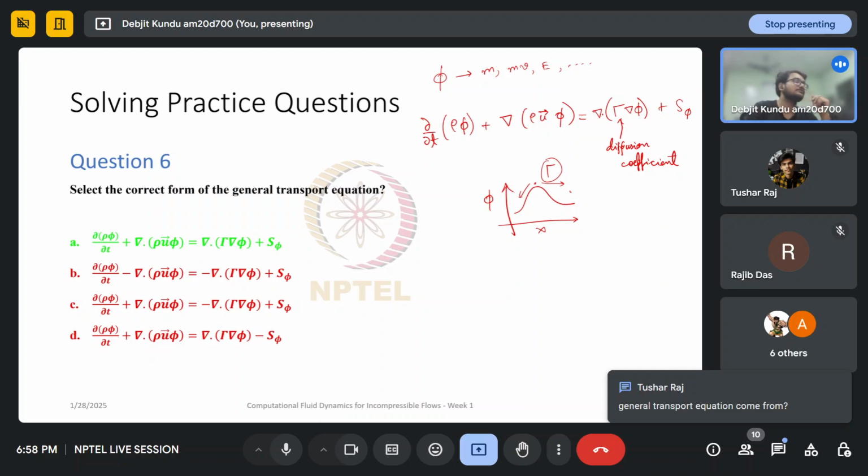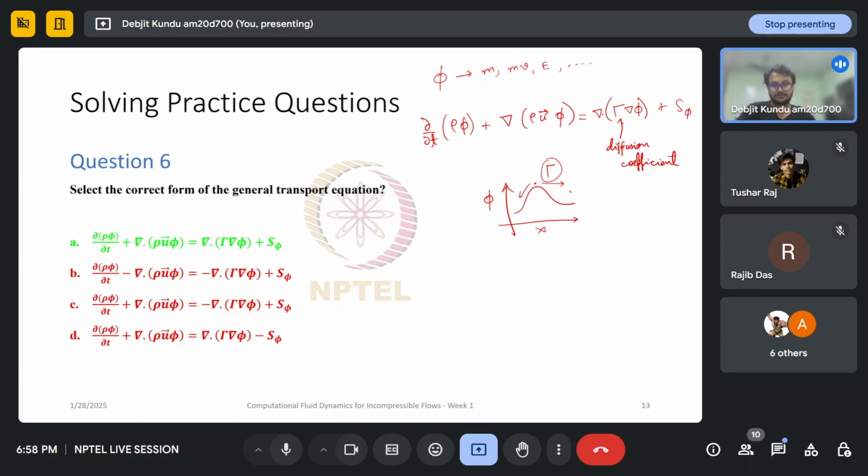The general transport equation comes from Reynolds transport theorem. What Reynolds transport theorem tells us is that any change in a control mass would be equal to the change in a control volume.